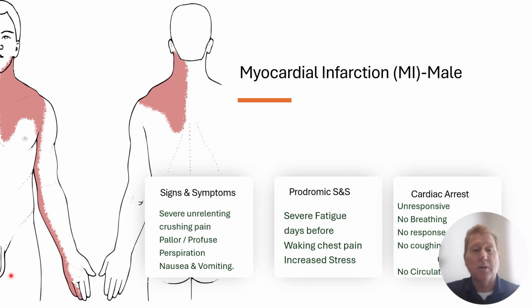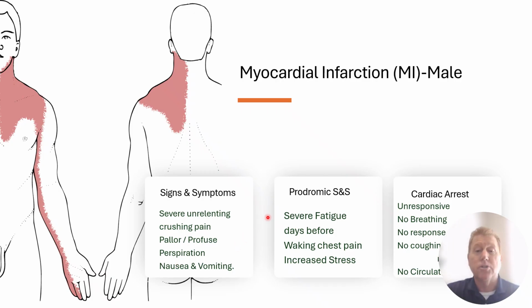Male signs and symptoms, I think we're all relatively familiar with the left arm, left chest, neck, upper back as the symptoms, with it being a crushing pain. We have some perspiration as well as nausea, vomiting, and so on.